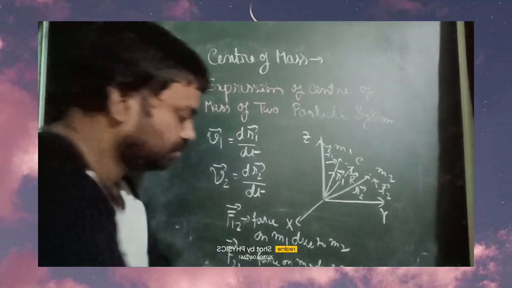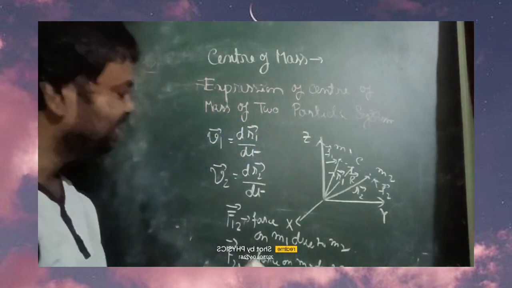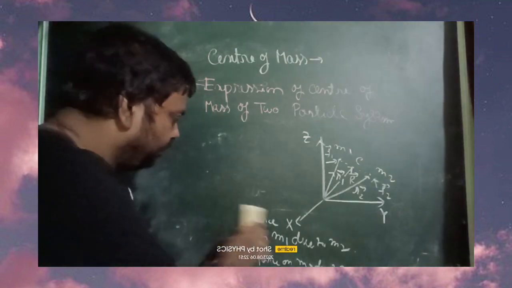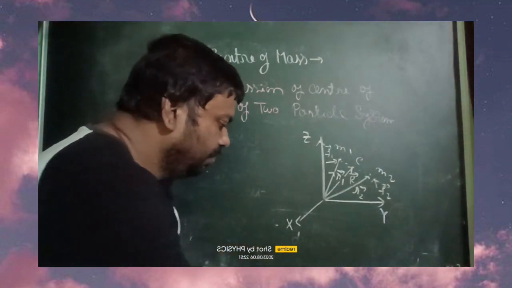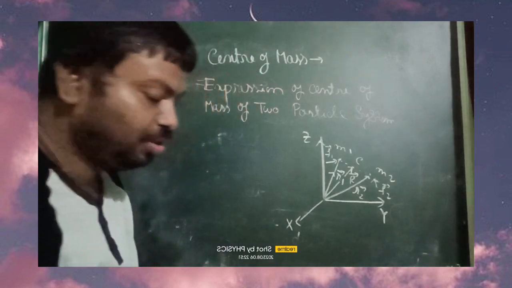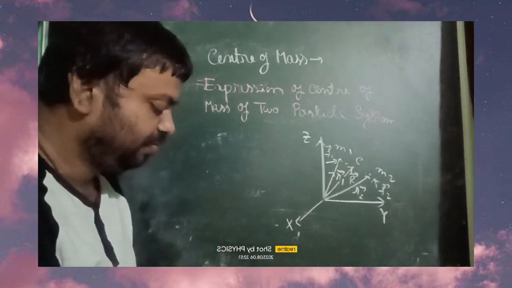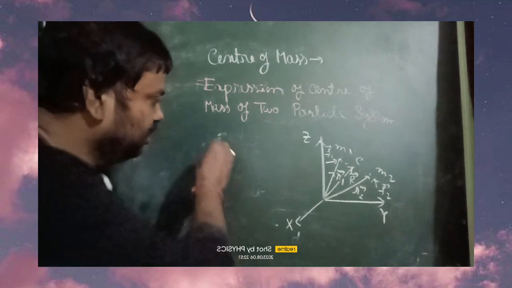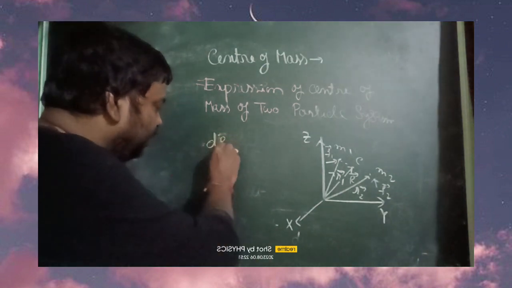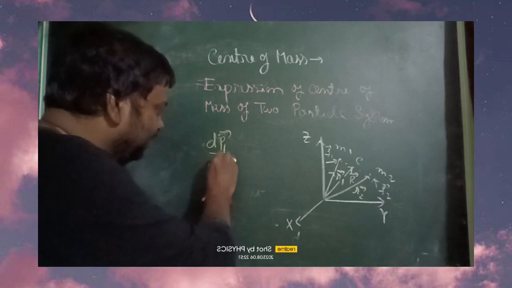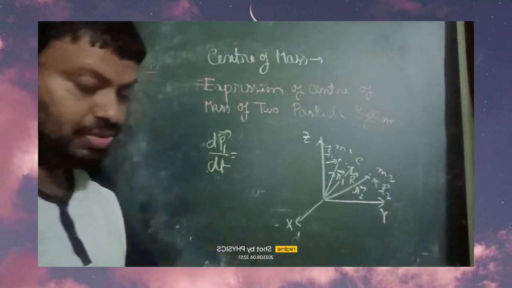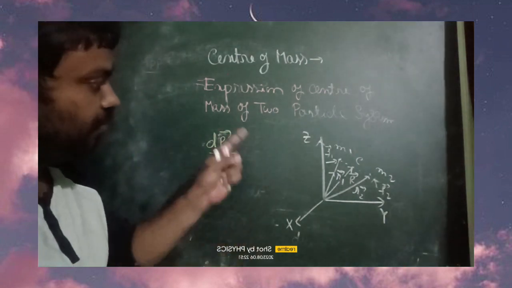Now let's move to the next line. If we consider the rate of change of the linear momentum of the first particle, dp1 vector by dt, that will be equal to the force on the first particle.